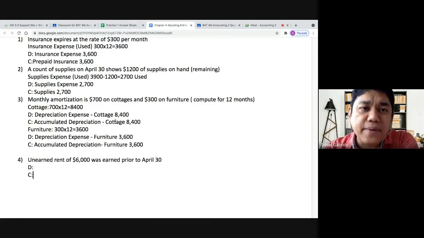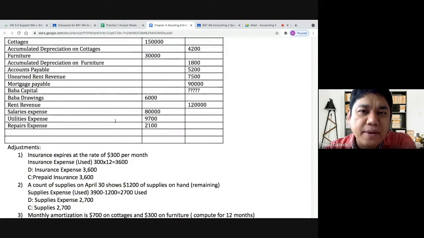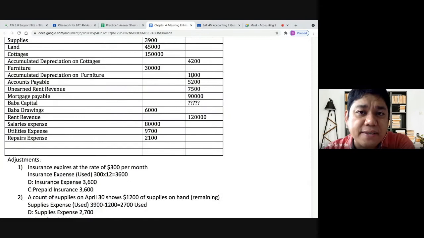The unearned rent. So let me help you. Unearned rent, guys, is a liability. It's similar to mortgage payable. It's similar to accounts payable. When it comes to classification, they are liabilities. So when we are paying them, what's gonna happen? It's on the credit, right? At first, right?